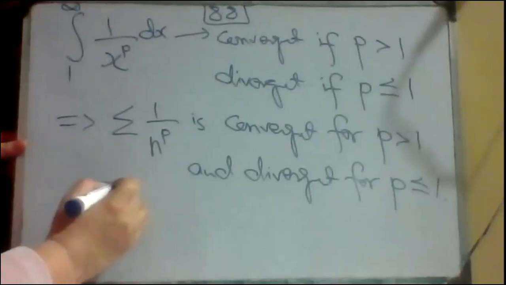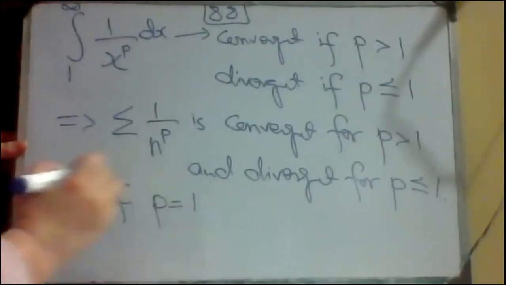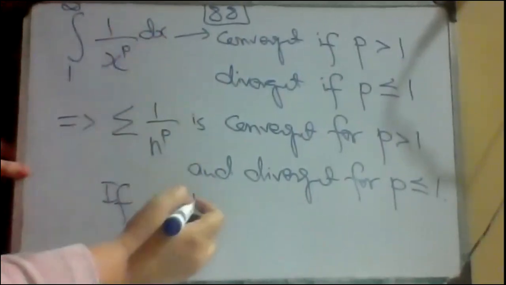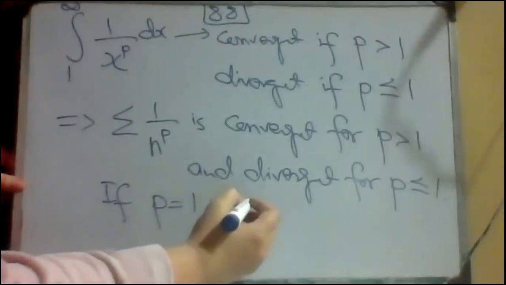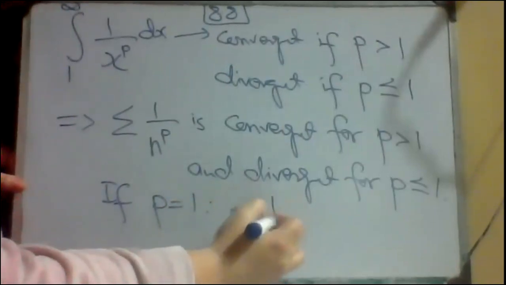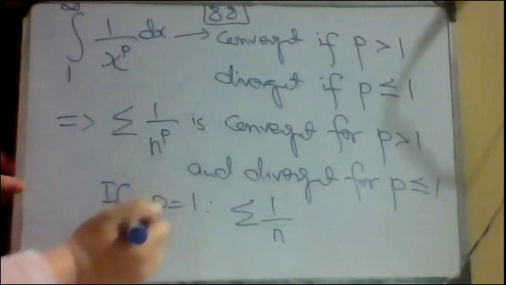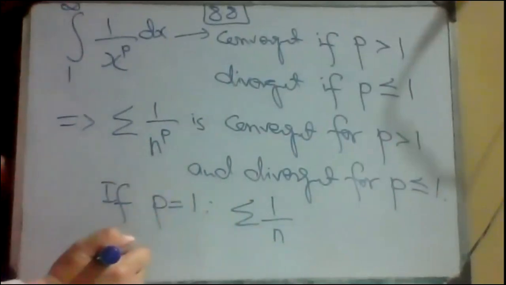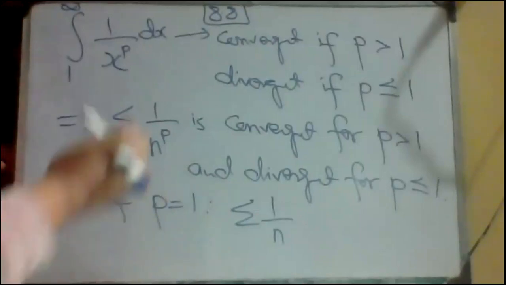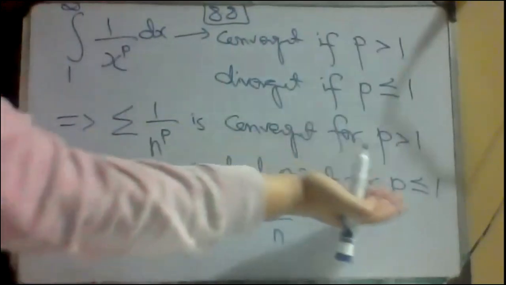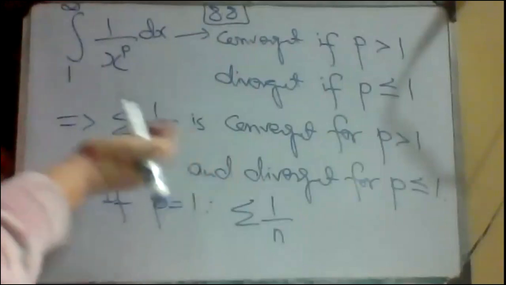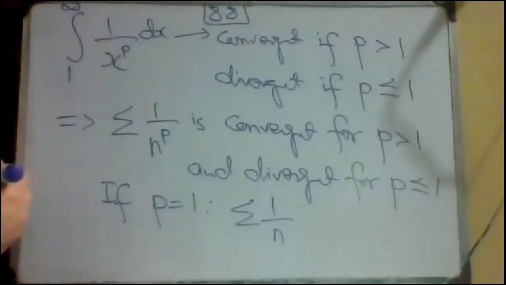So if p is equal to 1, then this series becomes 1 over n, which is the harmonic series. We also know that the harmonic series is divergent, and from the integral test it is also clear that for p equal to 1, this series is divergent.